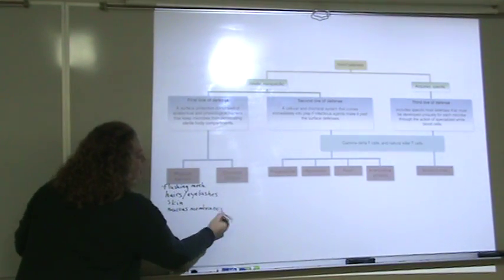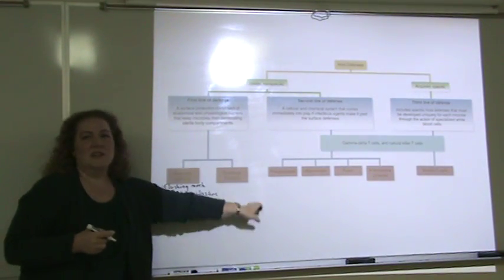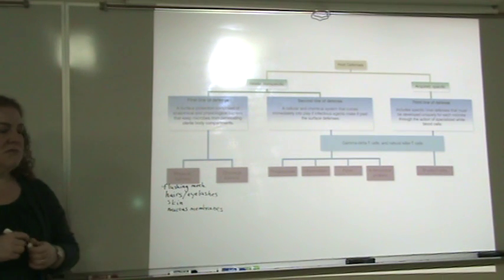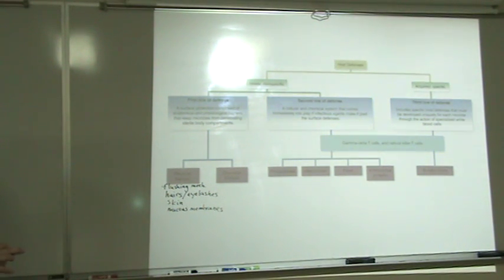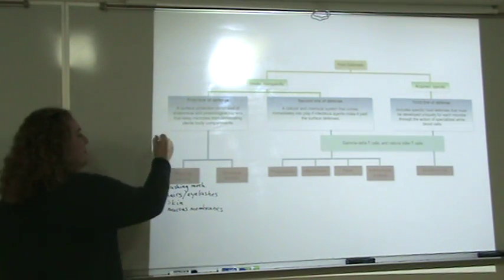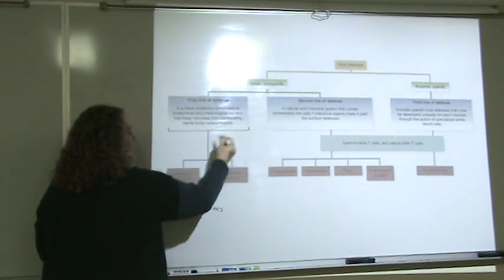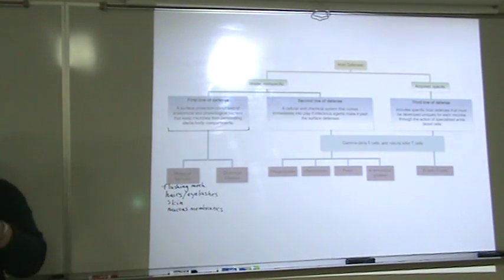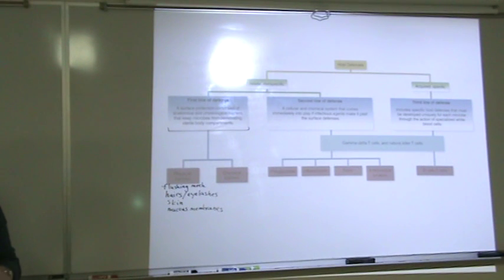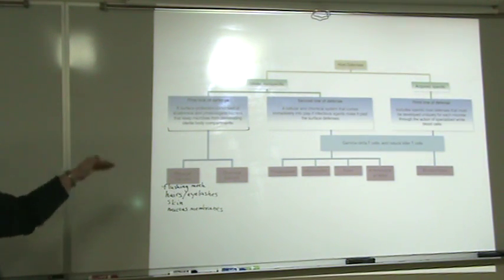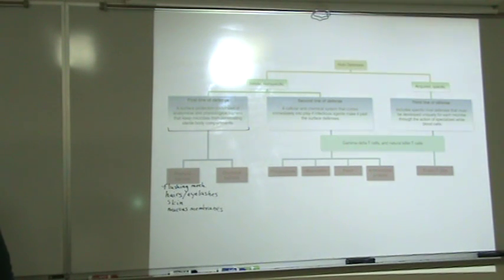The chemicals I won't relist, but you could write that in later to help you study. All of this stuff is the first line of defense, because if a pathogen is going to get through the portal of entry, it has to get past this stuff. That's the first thing it would have to overcome.